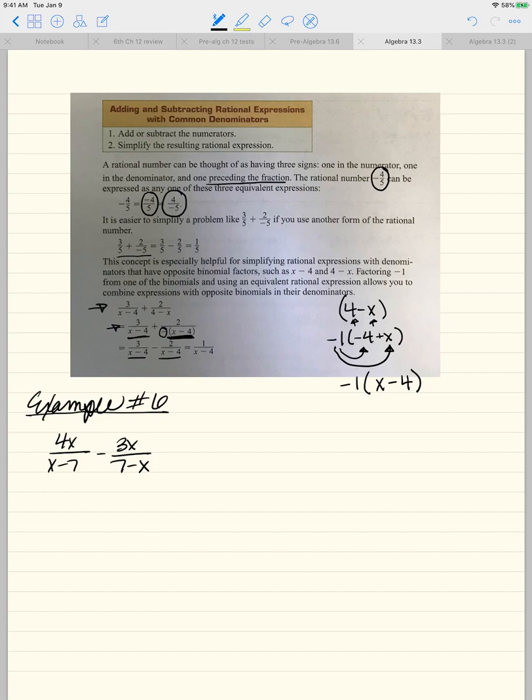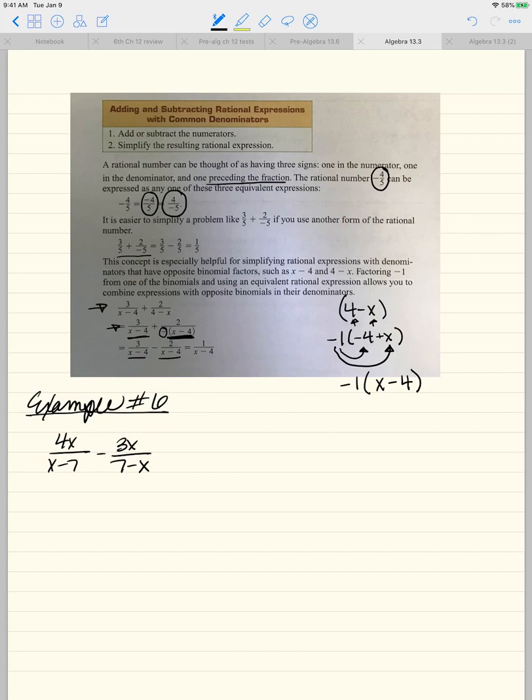We have 4x over x minus 7 minus 3x over 7 minus x. Right now, we do not have common denominators, okay? But we should notice that our denominators in both of these have opposite binomial factors. So what we're going to do is factor out -1 from the second rational expression.